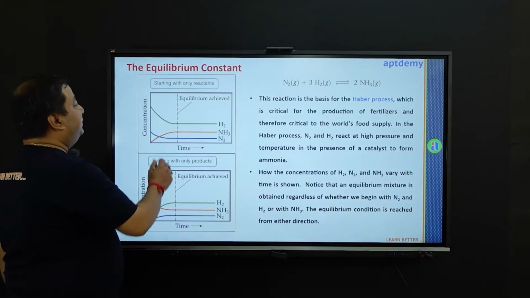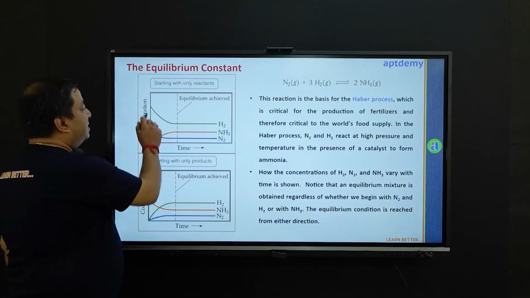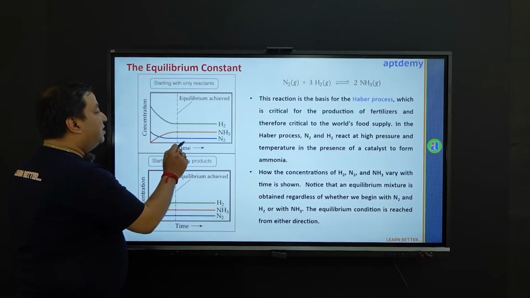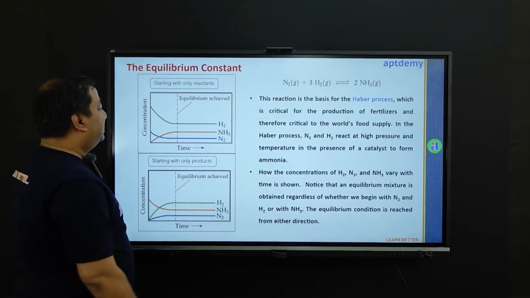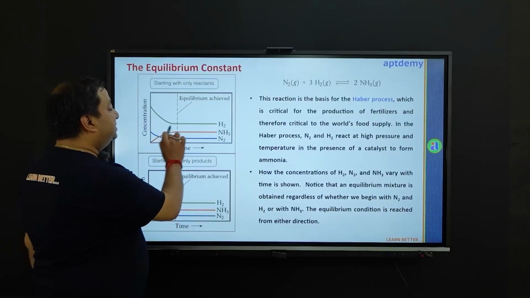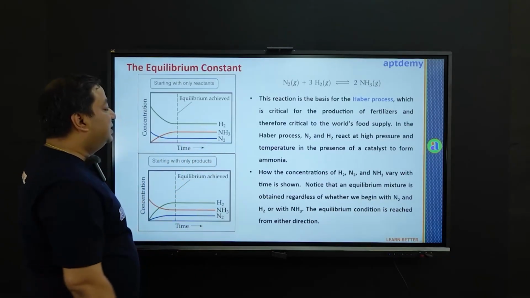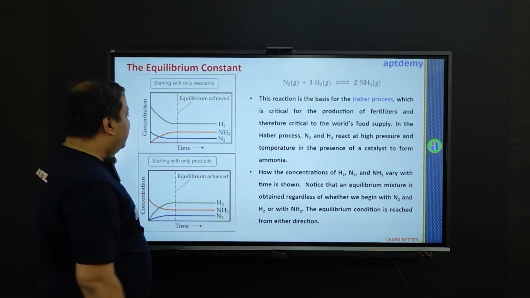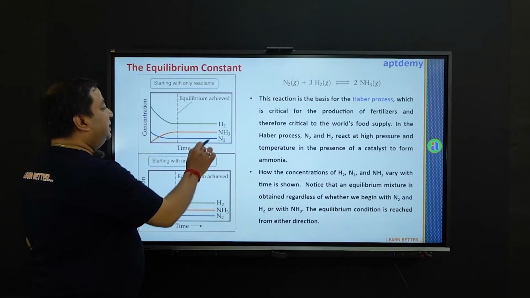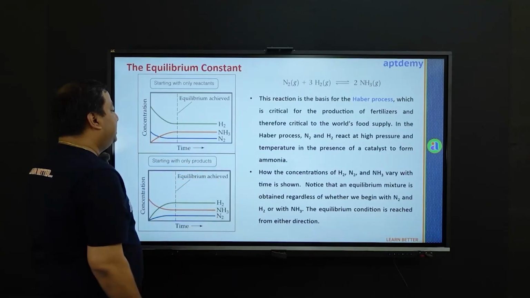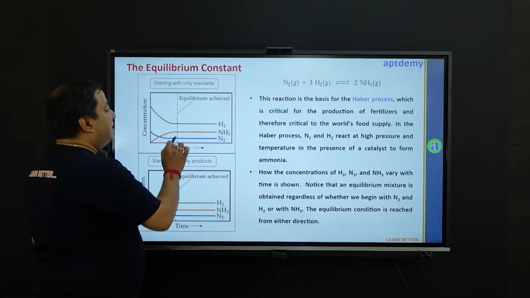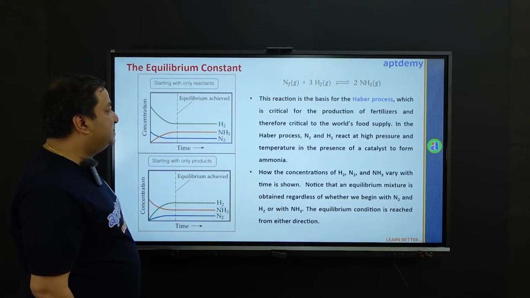So for that we have a graph. As we see, with time, the concentration of hydrogen, which is the green line, and the concentration of N2 are falling, and after a certain point, the concentration for both of these gas molecules never changes. The orange line indicates the concentration of NH3, which increases with time, and after a certain point it does not change.